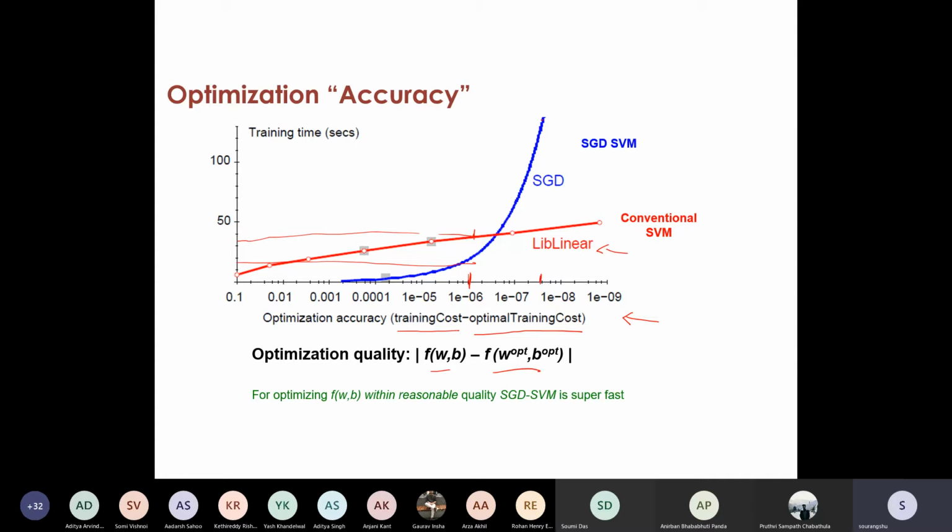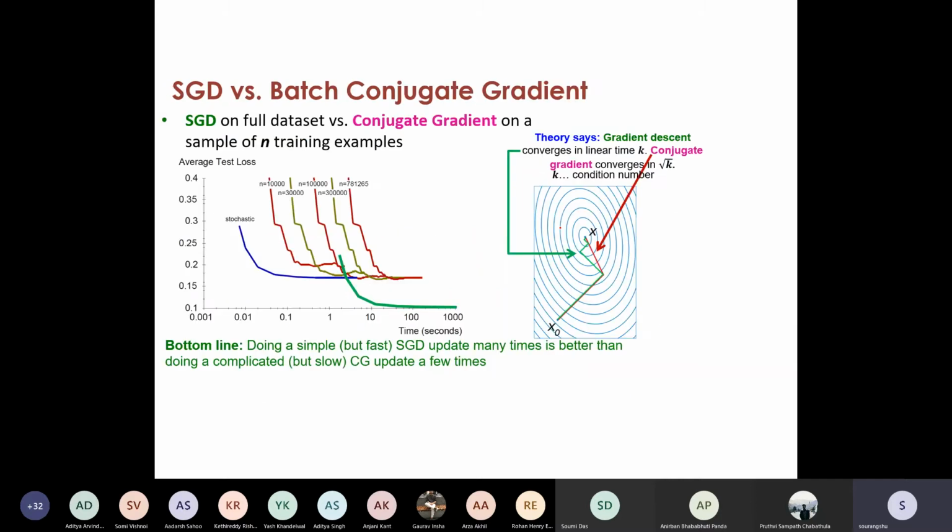But for machine learning problems, it is okay if you want to quickly reach a suboptimality which is not too accurate, okay. If you are stopping at the 10 to the power minus 6 range, then you will be much faster than other optimization methods, okay.